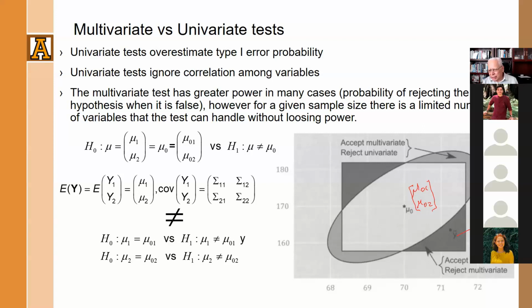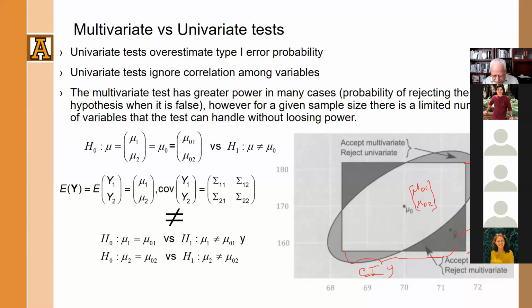I would not reject them because y bar is within these confidence intervals. This here, from here to here, is the confidence interval for y2, the confidence interval for mu2. And this one here, the horizontal one, is the confidence interval for y1 or mu1.